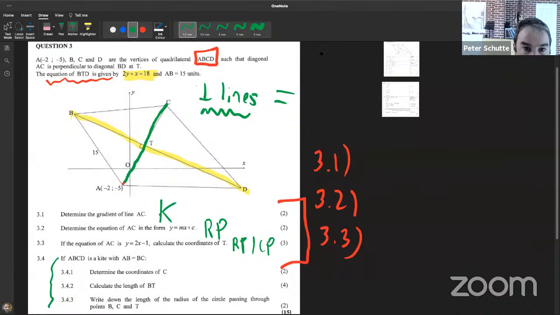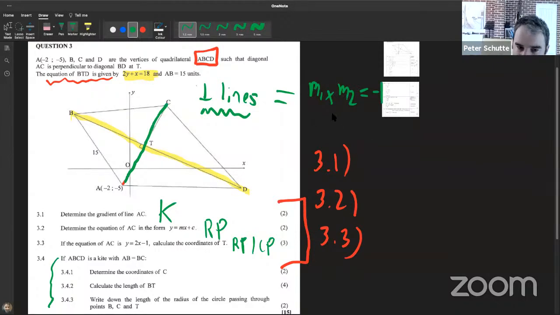We know that parallel lines have equal gradients. Now, that is not true for perpendicular lines, but what is that relationship? What do we think the relationship is? Okay, so if lines are perpendicular, if we multiply them together, so we'll call them M1 times M2, we get -1.